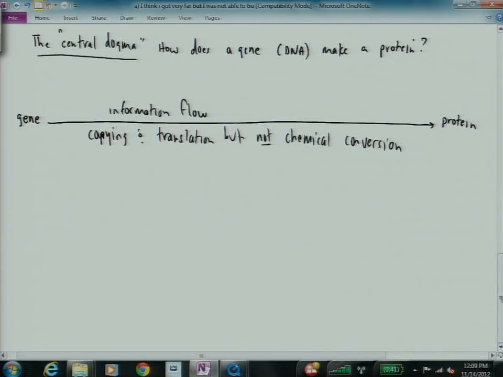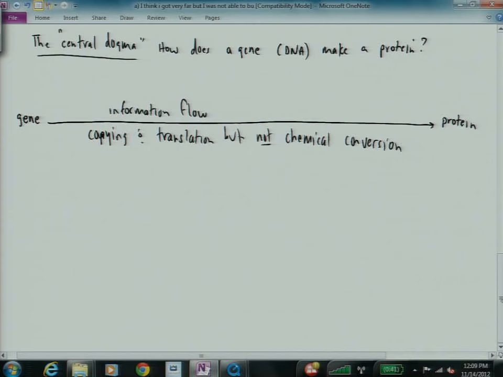So genes are made of DNA, and this is permanent in cells. And DNA is first copied into what's called mRNA, that is messenger RNA. And this is temporary. Talk a little bit more about that later.